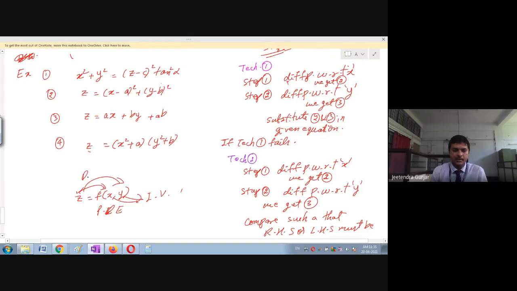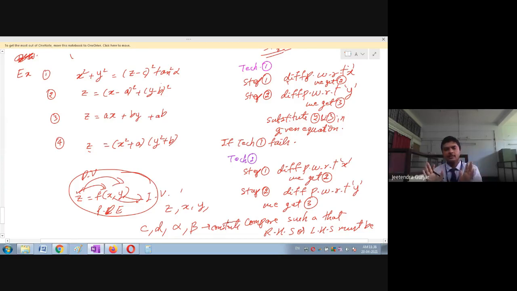This is the dependent variable, DV, and this is the independent variable. Apart from this, all other terms, let them put C, they may put D, they have put alpha here, let them put beta, all of this you have to consider as constant. Okay, that's clear now. Any doubts still? If you have, you can keep tan square alpha as constant. That will be easier.